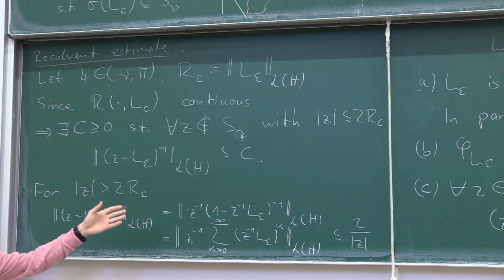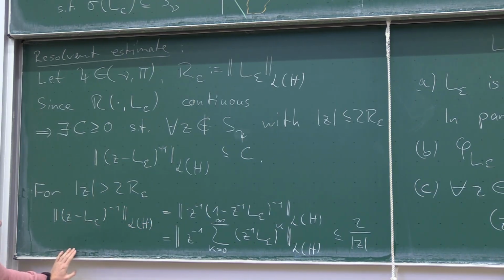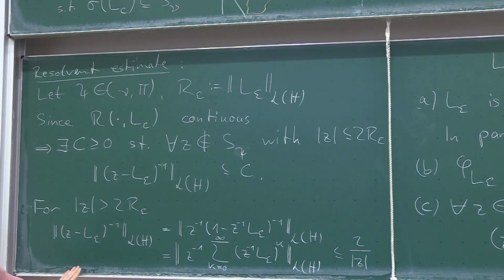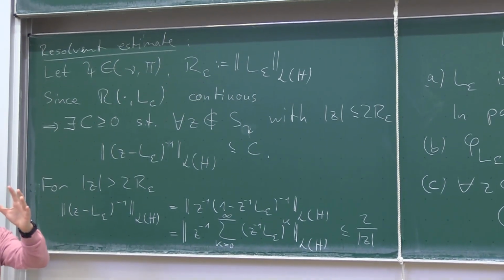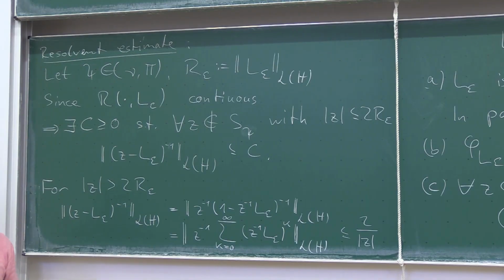And there you see we didn't really use the fact that L epsilon is m-accretive or something. We just used the fact that the spectrum lies in an appropriate sector, essentially. We just use the accretivity to show that the spectrum lies somehow on a sector of angle strictly less than pi over 2.